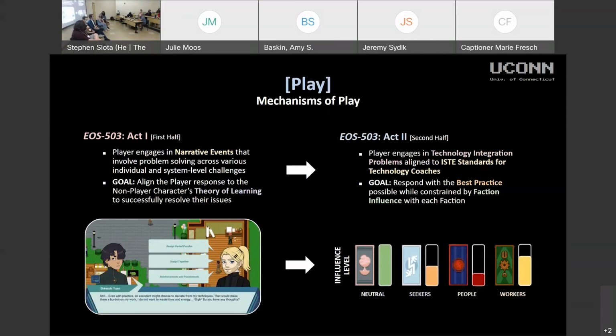Some of the higher power, higher authority figures. Those all change the influence that you have going into Act 2 with the various factions. That influence is then used so that you get different end states to the game, as well as having different choices about who you want to support while you're making your decisions in Act 2 about technology integration.